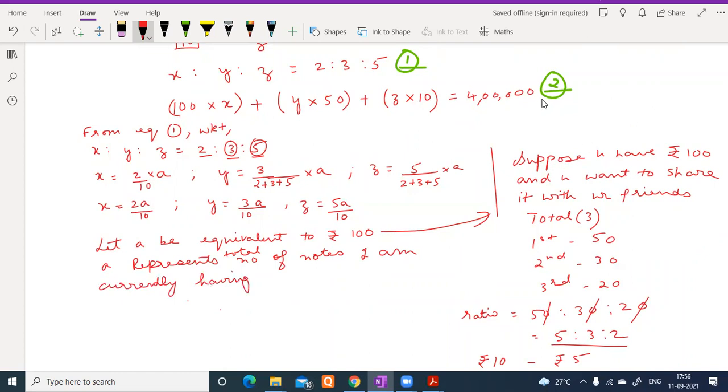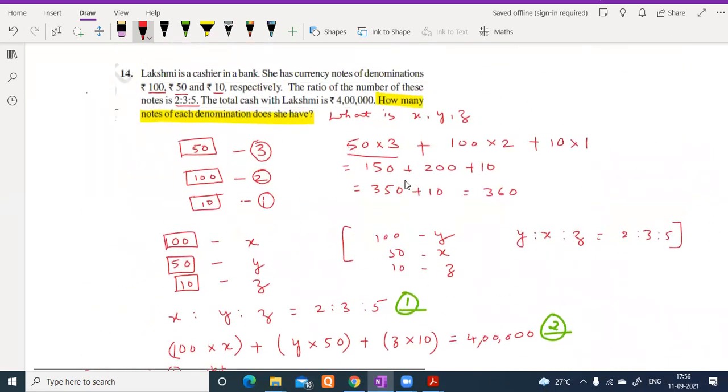Like if I tell you in this case, you had 3 notes of rupees 50, 2 notes of rupees 100, 1 note of rupees 10. So in this case, A is equivalent to 3 plus 2 plus 1, which is nothing but 6. So totally with me, I have 6 notes, some of rupees 50, some of rupees 100, and some of rupees 10.